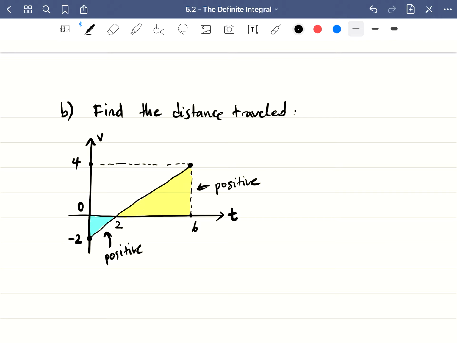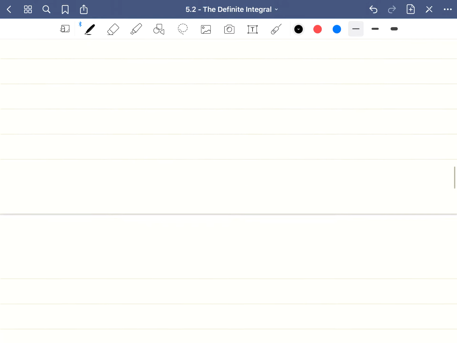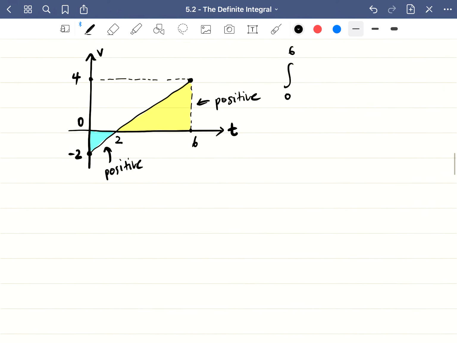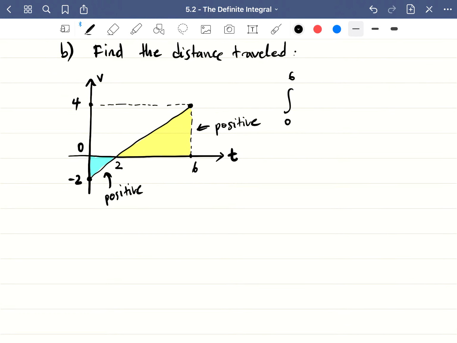All right, so in this case then, you have that you have to find the integral from 0 to 6 of the absolute value of t minus 2 dt. So this is the total area, okay?